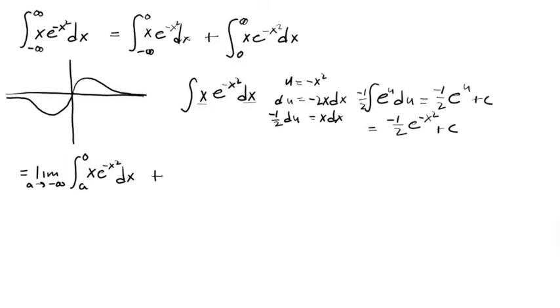And then I'm going to add that to the limit, now with the upper bound, as b goes to positive infinity of the antiderivative from 0 to b of x e to the negative x squared dx.